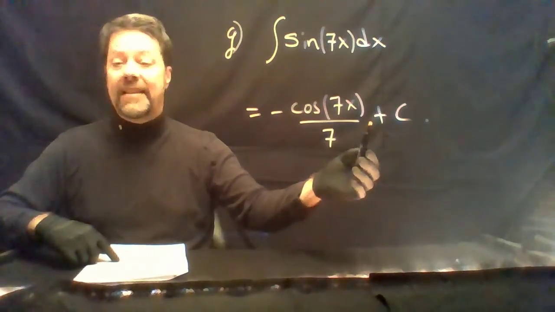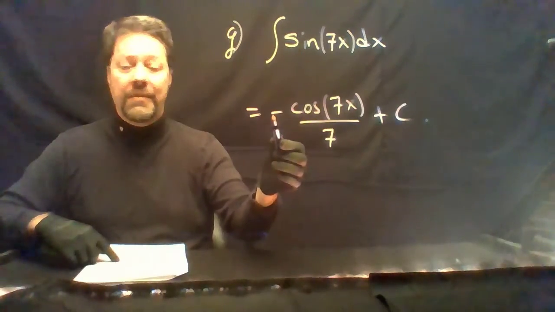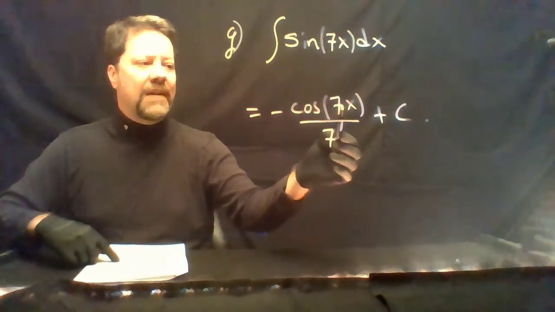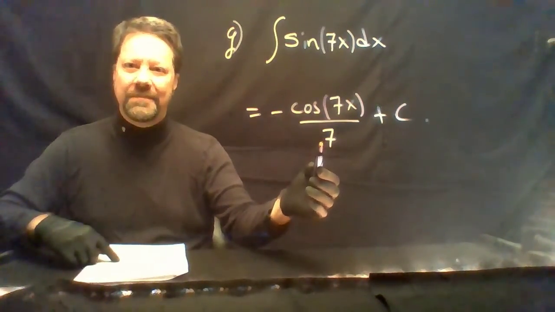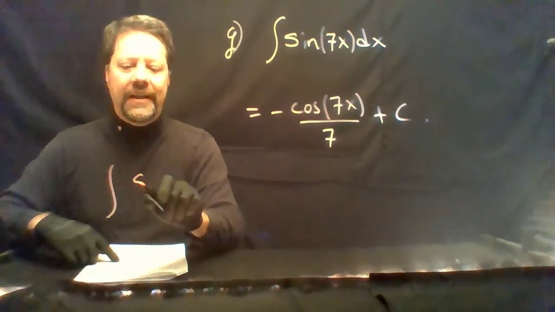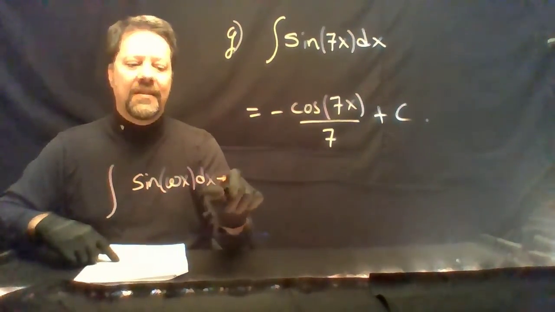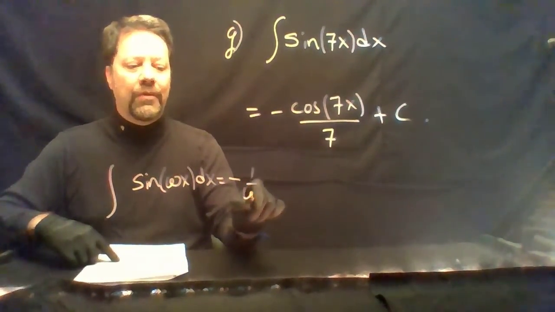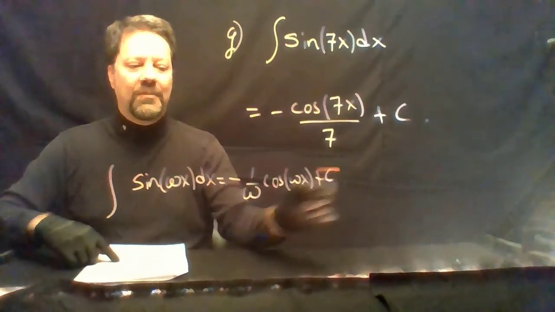You can see that if you were to take the derivative of this, the derivative of cosine is negative sine, so you cancel out the negative. But by the chain rule, you have to multiply by the 7, and that would cancel out the 7 here. Anytime you're integrating the sine of omega x dx, you will get negative 1 over omega cosine omega x plus c.